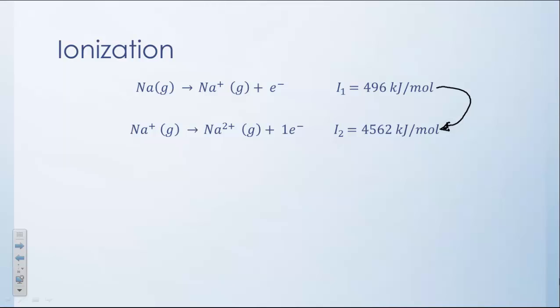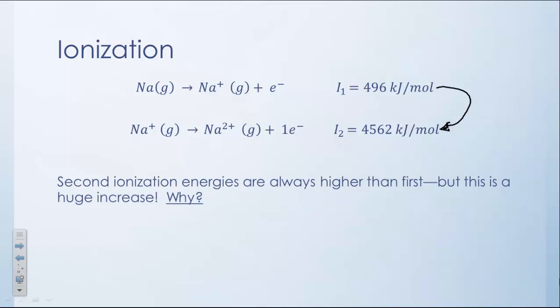It's always true that the ionization energy of the second ionization will be greater than the first, and that can be understood in terms of removing a more closely held electron. But notice this humongous change between about 500 kilojoules and about 4,500 kilojoules, that factor of like 9-fold increase is very substantial.